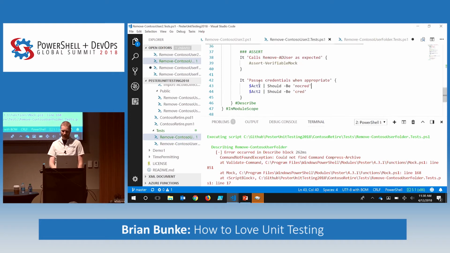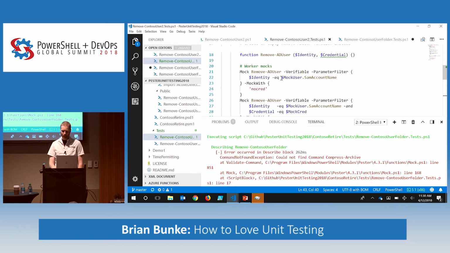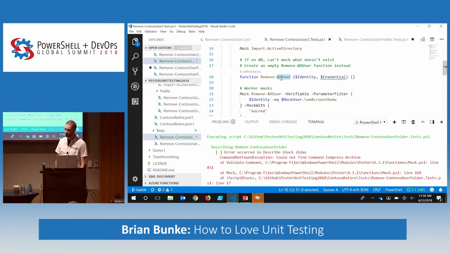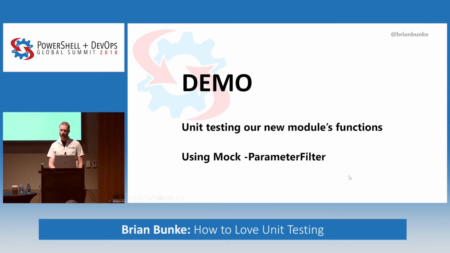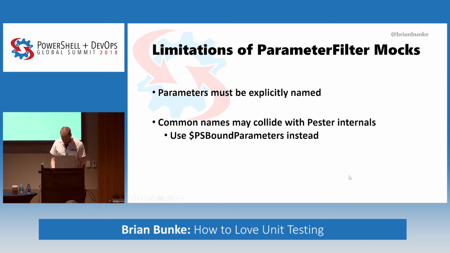That's the same example as what we did here with Remove-ADUser. It couldn't find the command, so we created it and then mocked on top of it. I don't know why it doesn't see Compress-Archive. I made an assumption that it would. So maybe you need to add a function there as well so the worker mock can act on it.